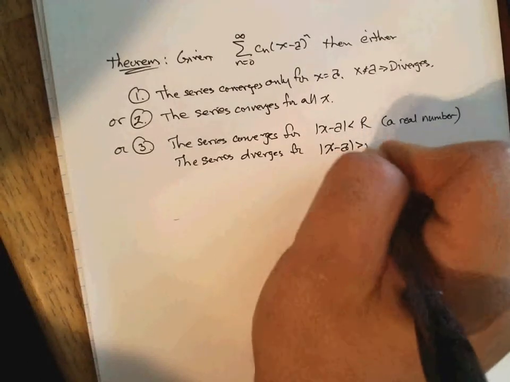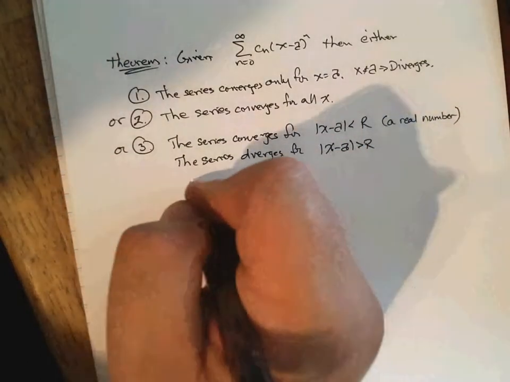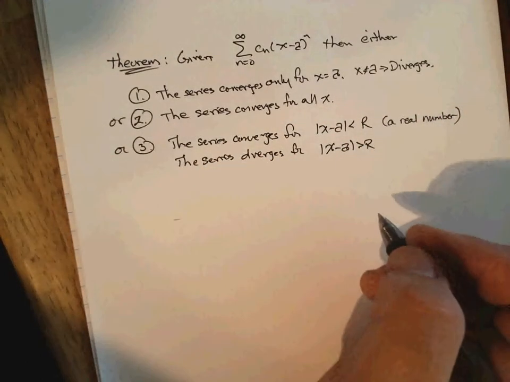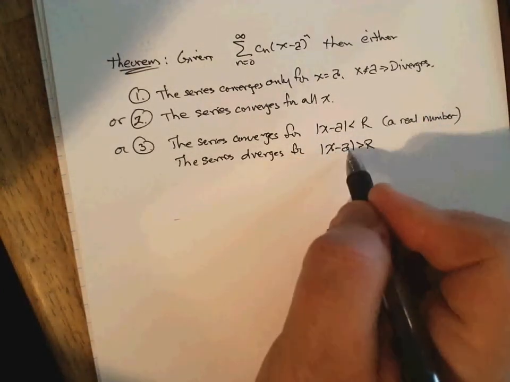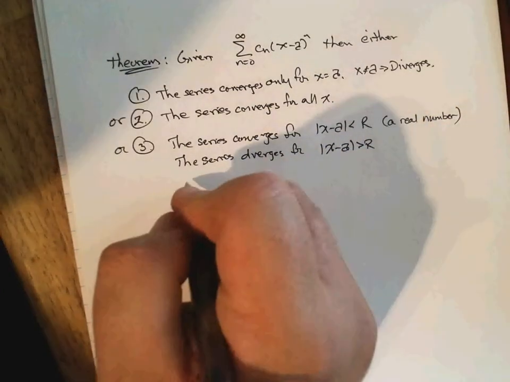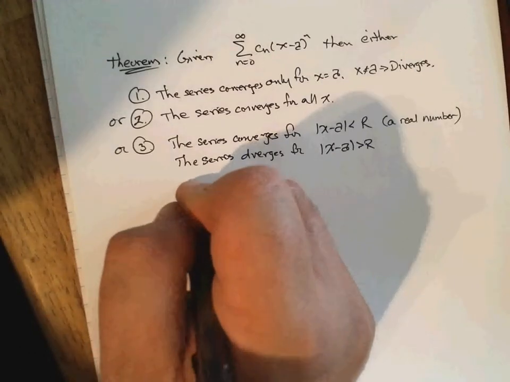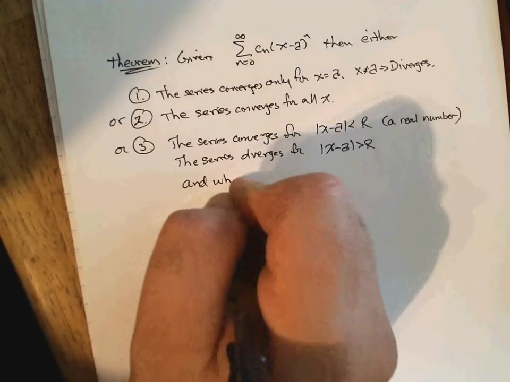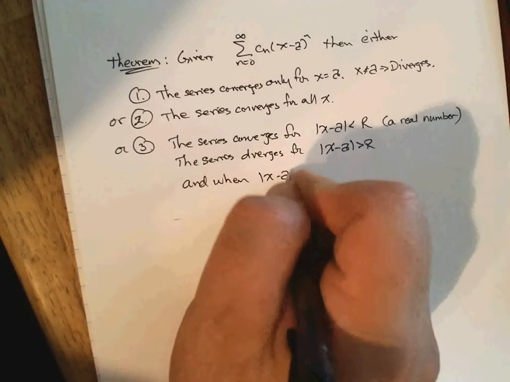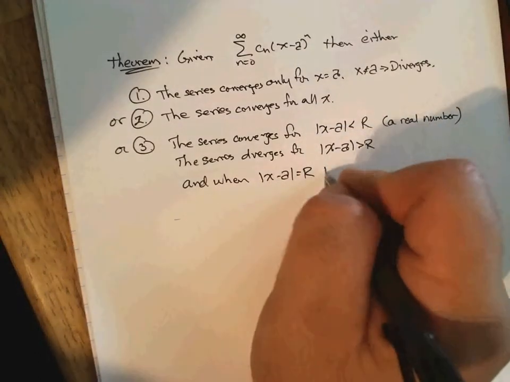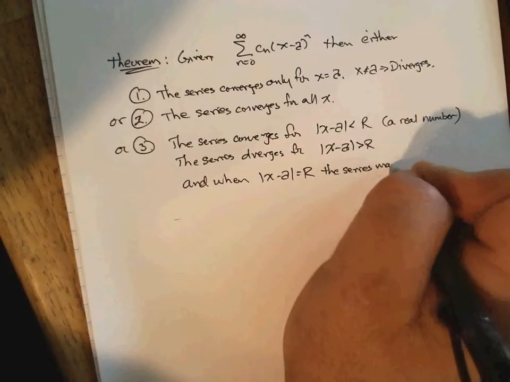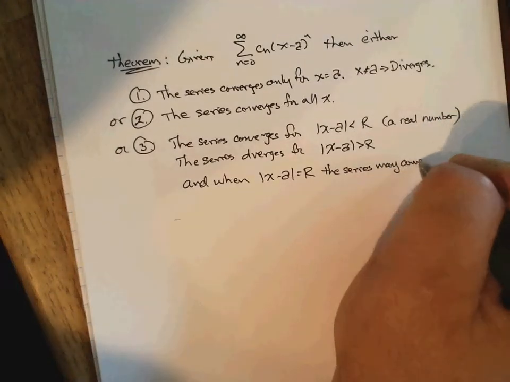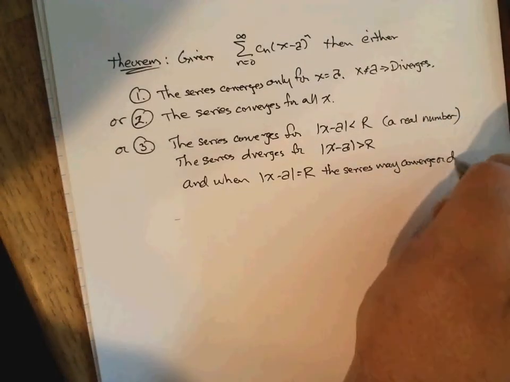when x minus a is bigger than r, and we don't know what happens from this so far when x minus a equals r in absolute value. So when x minus a equals r, the series may converge or diverge.